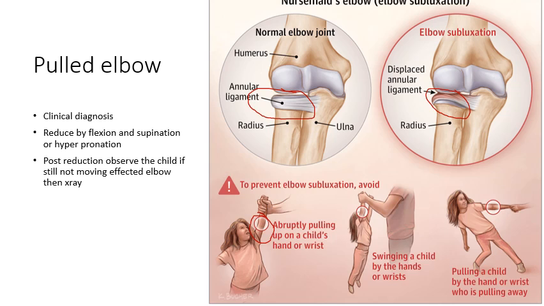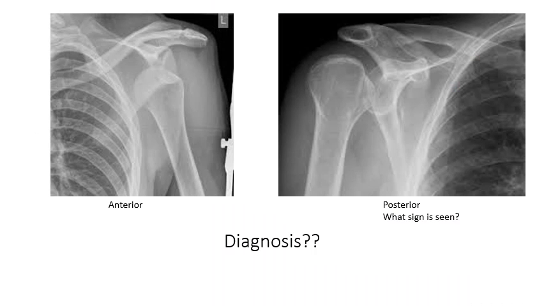Tell them not to pull the elbow. Provide some analgesia and discharge them. If the child is not moving the elbow normally, then you need an X-ray to look for associated fractures.